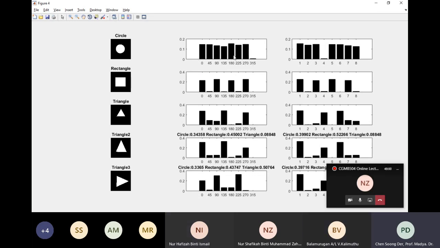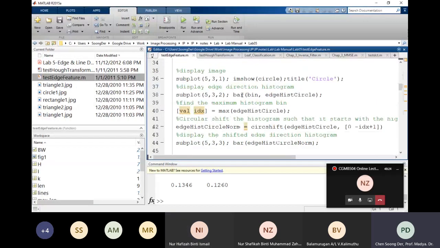So for this histogram, different shapes will show different histograms. Then we compare the histograms and see how similar they are. So this is basically how we describe shapes using a histogram of each direction. Any question? No, sir.